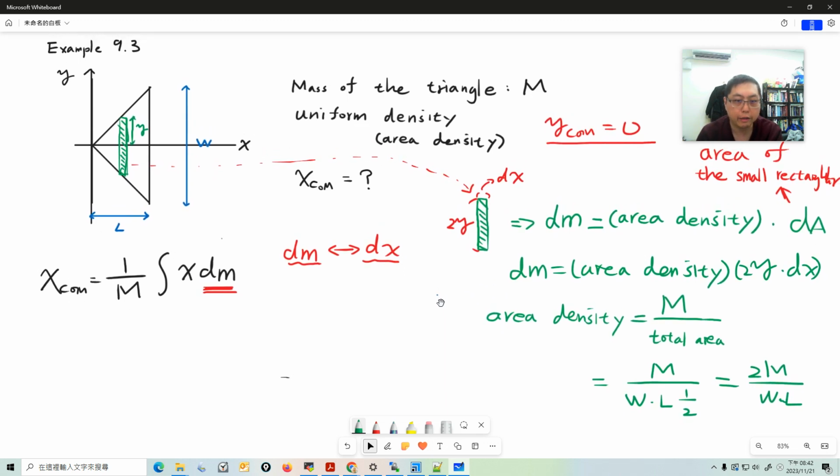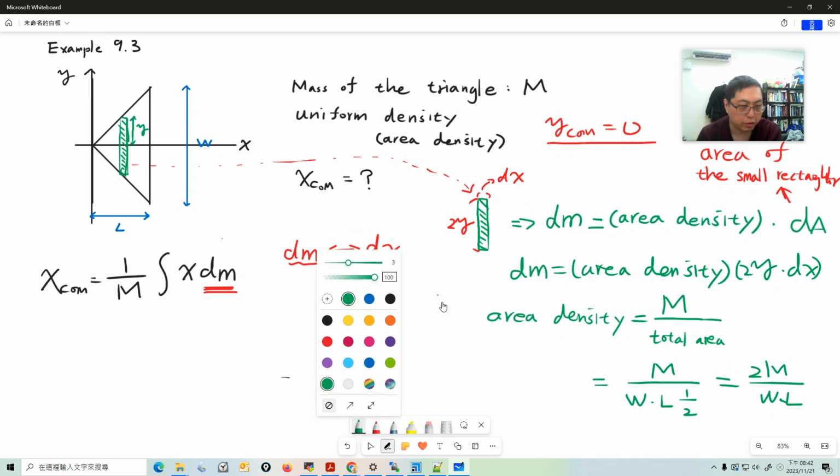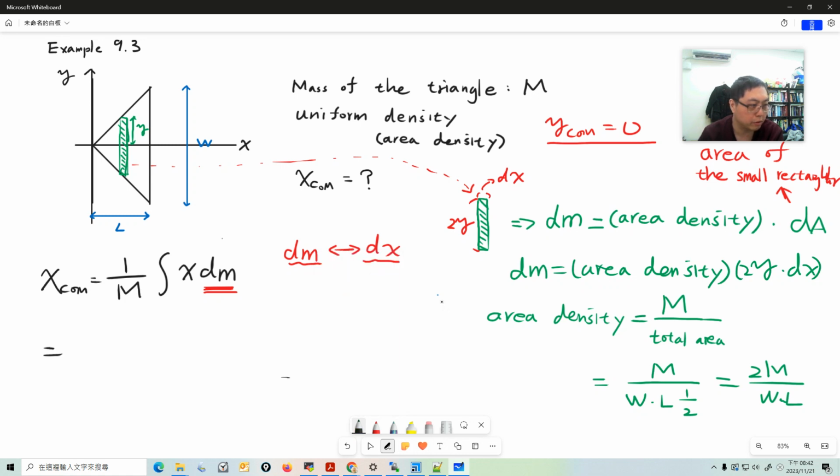So I think we've almost finished everything. Let's write it down. XCOM is 1 over capital M times the integral, and I'm not sure about the range yet, of x times dm. dm is the area density times 2y times dx, so it's 2M divided by W times L, times 2y dx.